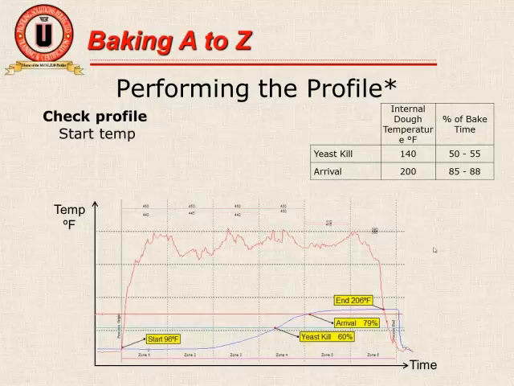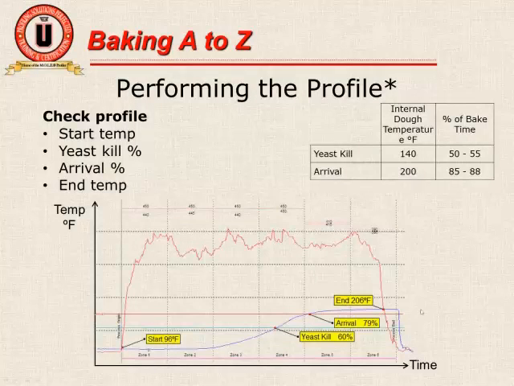That is all it takes to profile. The software that you're going to be getting with our M.O.L.E will again provide these values for you. It used to be you had to get your calculator out to figure out all these percentages. They're now given to you at the instant you download the M.O.L.E. Check your start temperature, yeast kill and arrival temperature, and the percentage of the bake time.